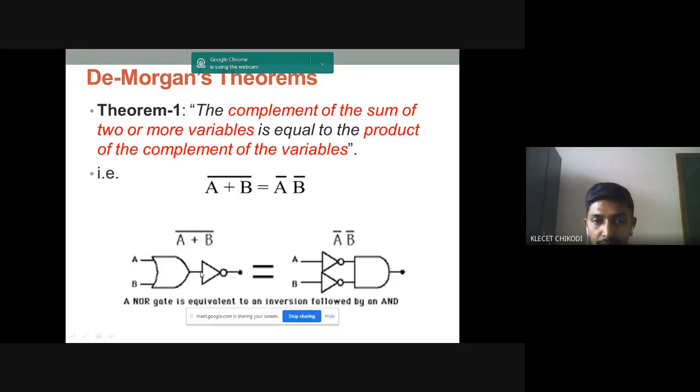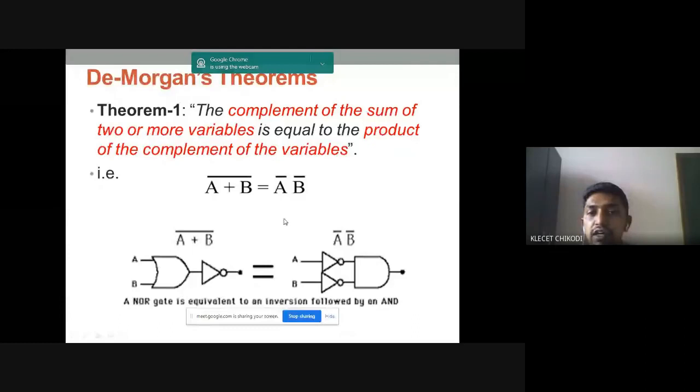So it will be A plus B as the intermediate output we are getting here. And after that we are giving the A plus B output as the input to the NOT gate, and that will be A plus B whole bar. Fine. So that will be equal to what they have told, the product of the complement of the variables.